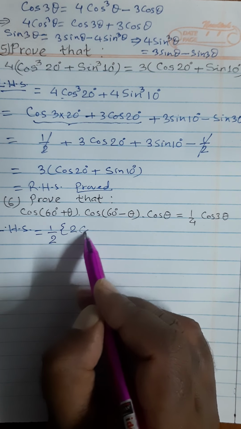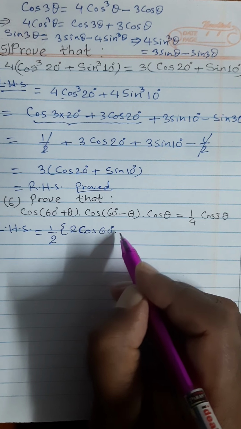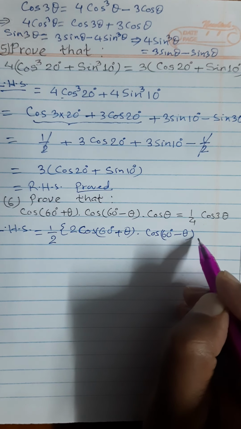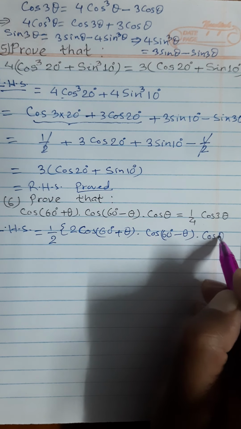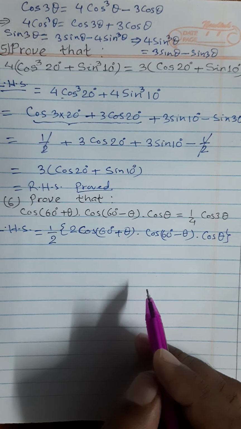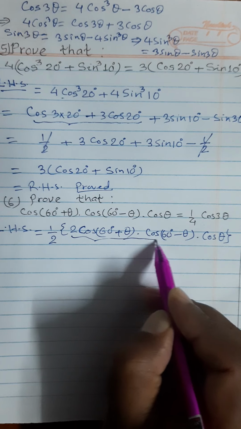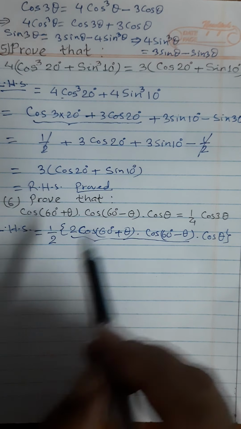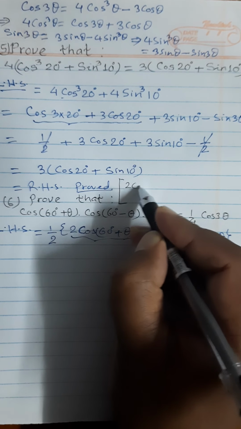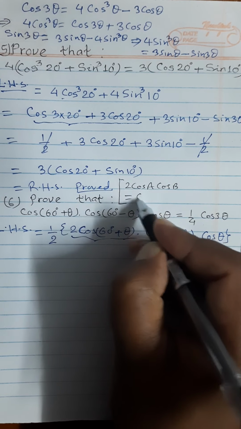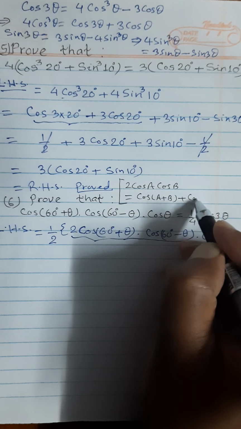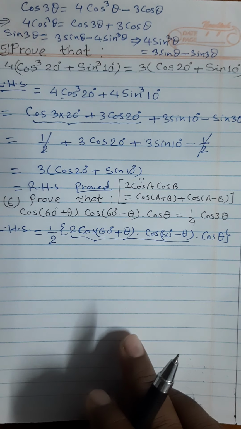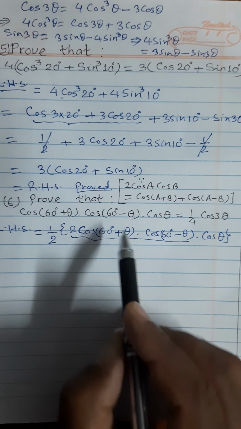So 1 over 2 times 2 cos 60 degree plus theta times cos 60 degree minus theta times cos theta, we can write, and for this 2 cos 60 plus theta and cos 60 minus theta, we can use the formula of 2 cos A cos B, and we know the formula of 2 cos A cos B is cos A plus B plus cos A minus B. Okay, we have this formula of 2 cos A cos B.